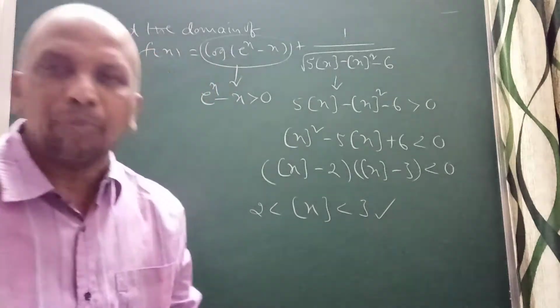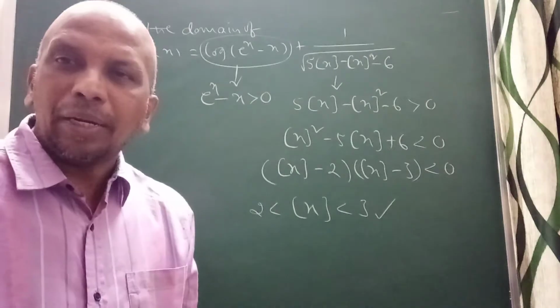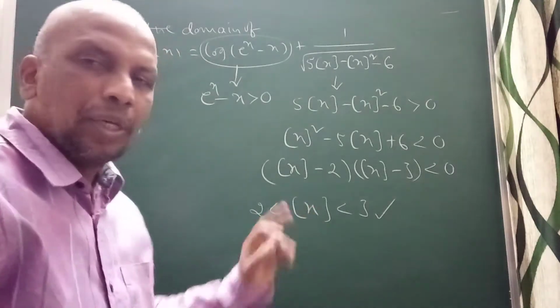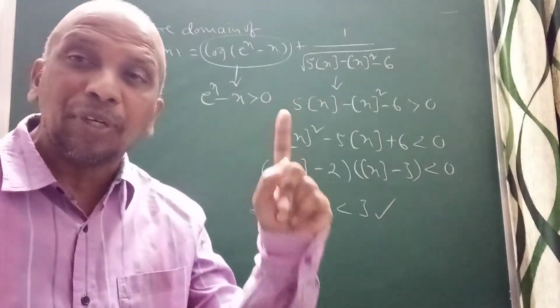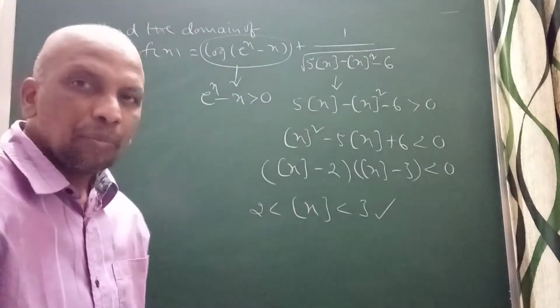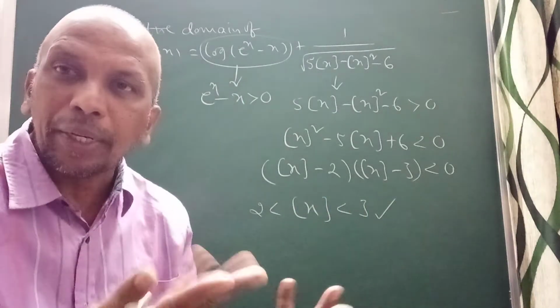Actually, what is the meaning of [x]? The step function always gives an integer. Whatever you substitute here, the domain of the step function is the real numbers, but the output is a set of integers. But is it possible to find an integer between 2 and 3? No, it doesn't exist.